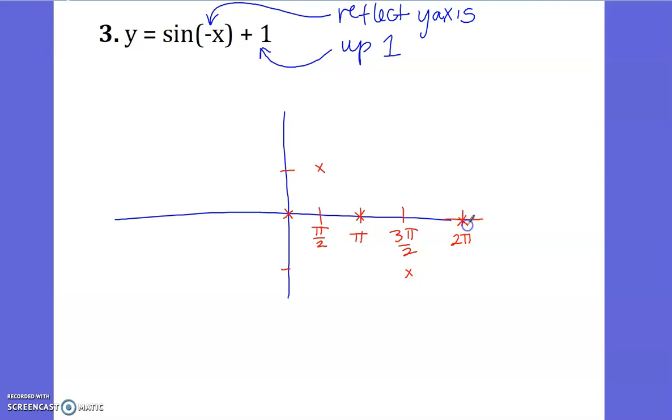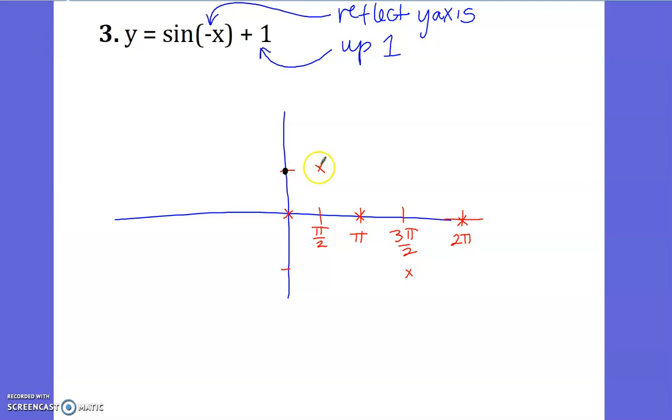There's the parent function. I'm just going to apply the transformations to these points, and then I'll continue the pattern for the remaining points. Okay, so we talked about the reflection over the y-axis. Let's start with that point right there. If I reflect that over the y-axis, nothing changes, and then we shift it up 1.